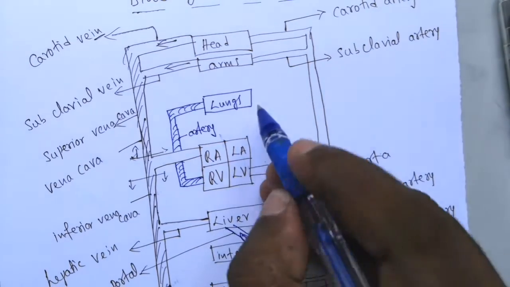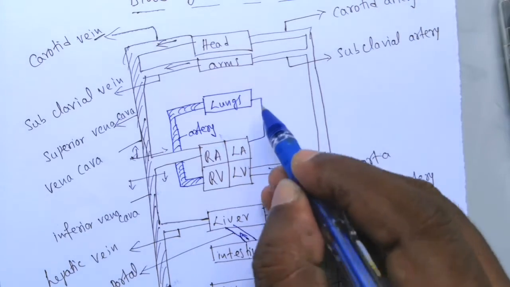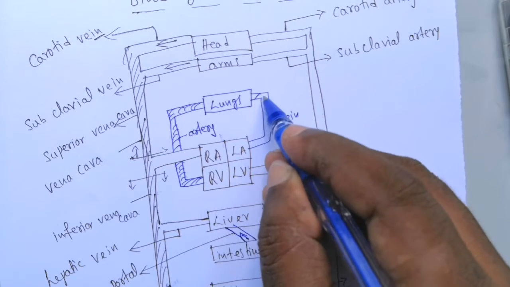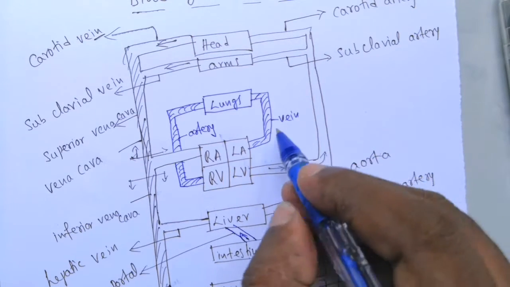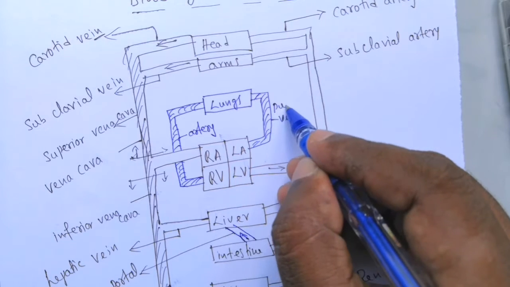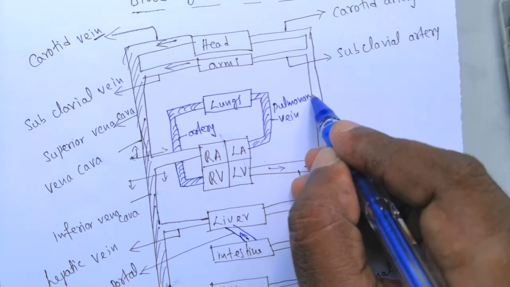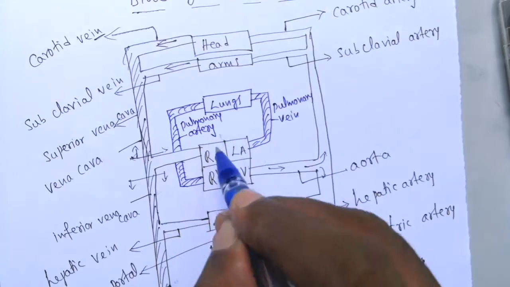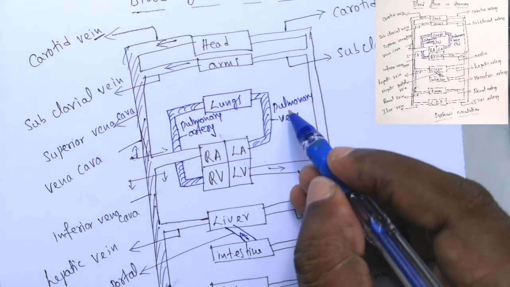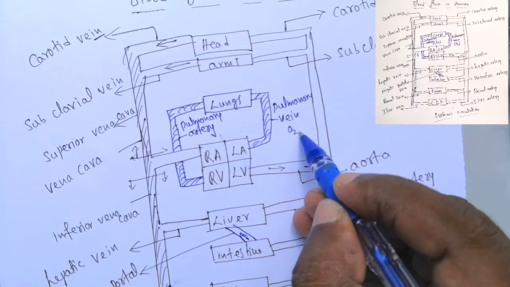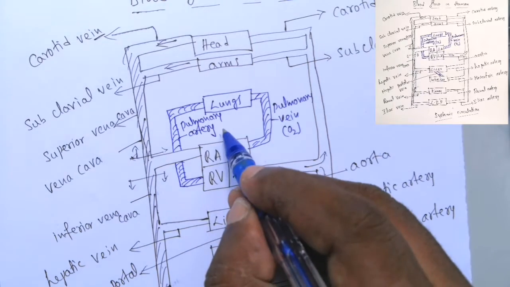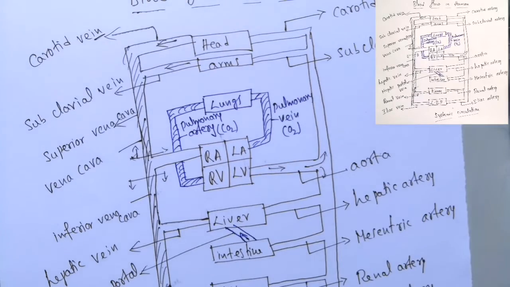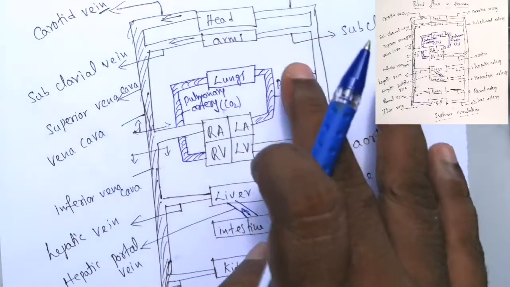The blood vessel which takes blood to heart is vein. This is pulmonary vein. This is pulmonary artery. Pulmonary vein has oxygenated blood. Pulmonary artery has deoxygenated blood. This is pulmonary circulation.